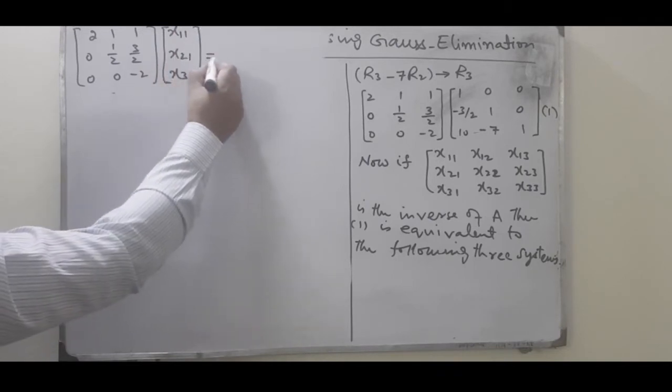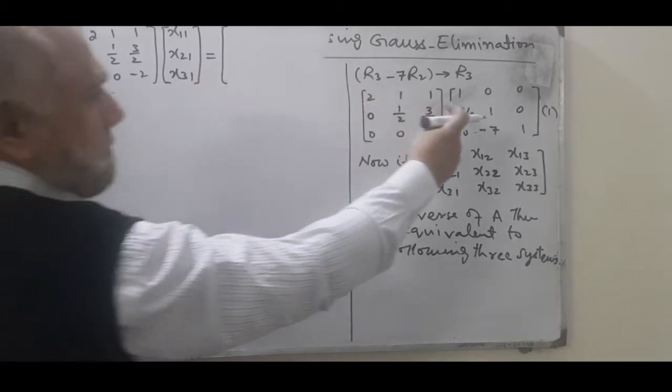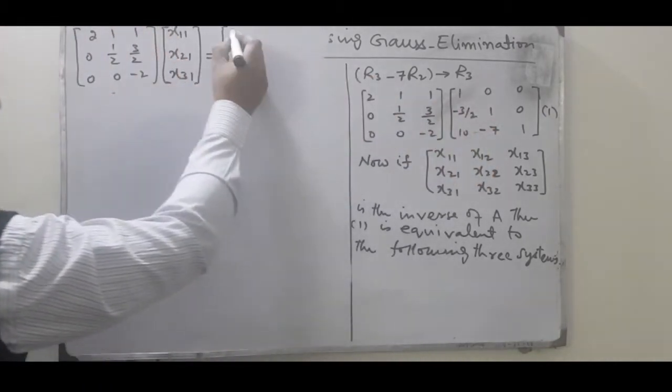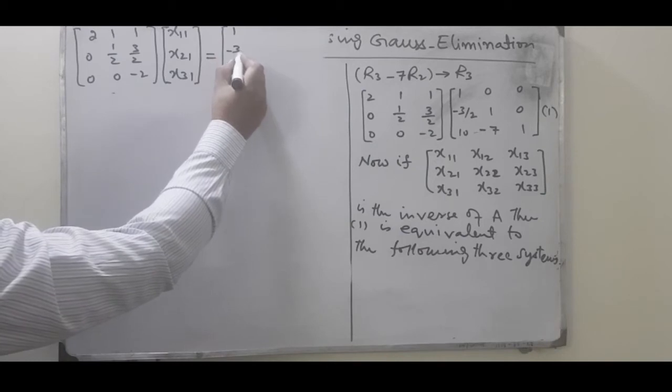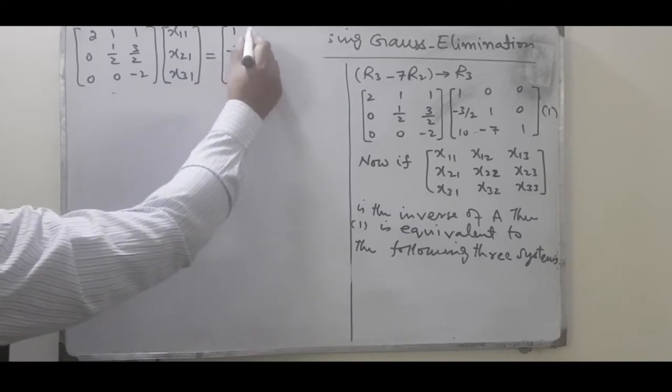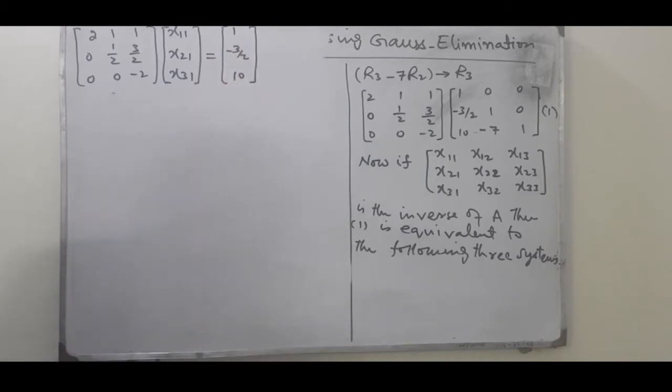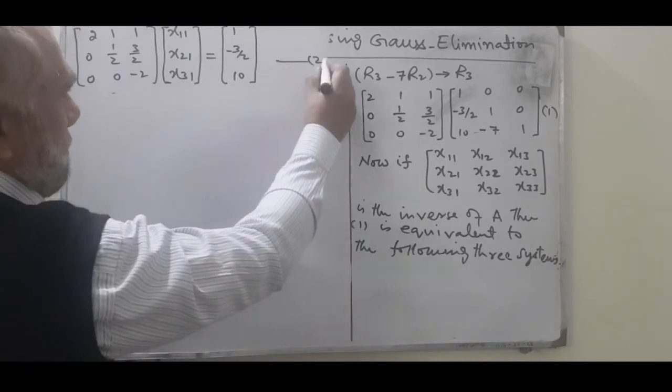On the right side, we'll be taking the first column of the identity matrix, 1, 0, 0. So this is your part 2 or equation number 2.